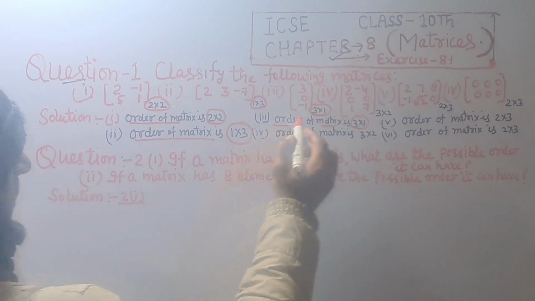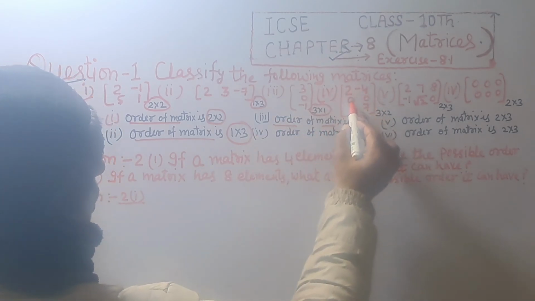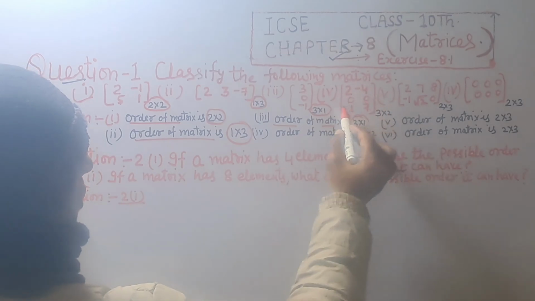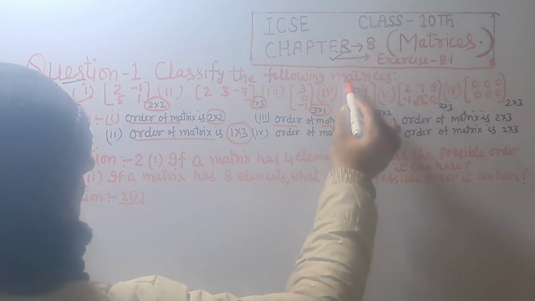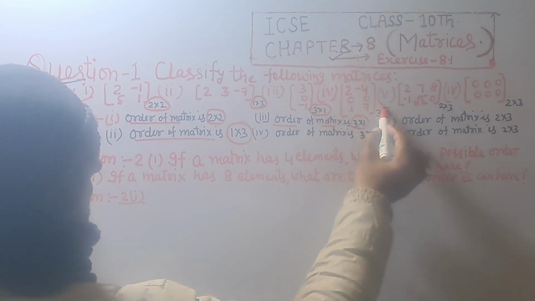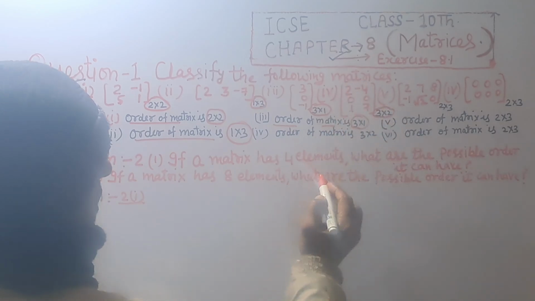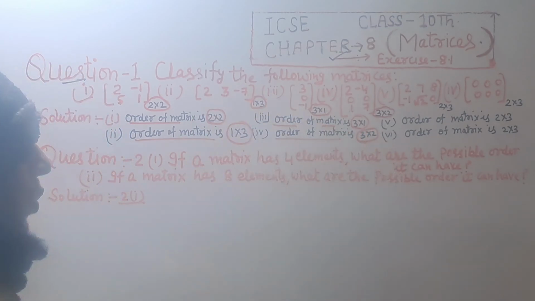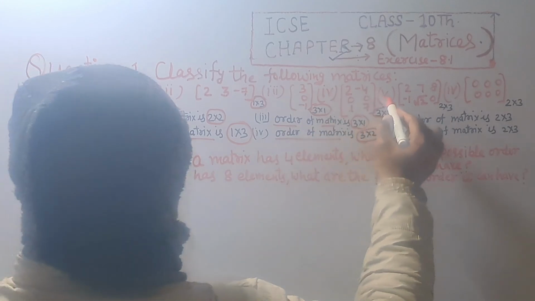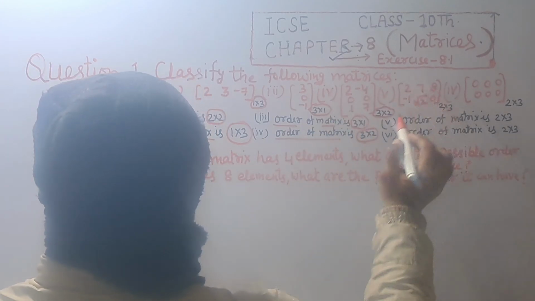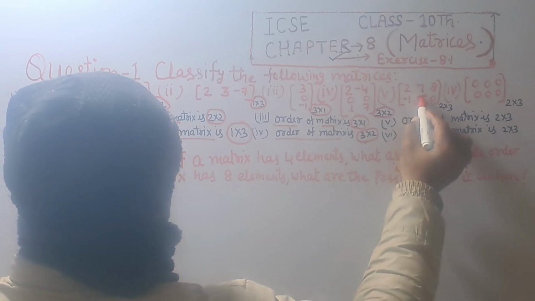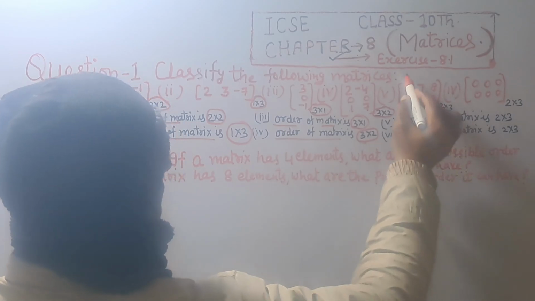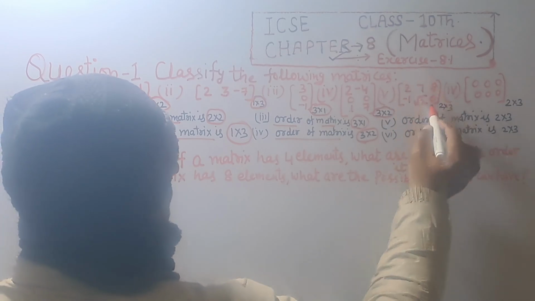3 by 1. Fourth, 2, minus 4, 0, 0, 1, 7. First row, second row, third row. 3 rows and first column, second column. That is 3 cross 2, 3 by 2. So order of matrix is 3 by 2. And fifth part is 2, 7, 8, minus 1, root 2, 0. First row, second row, and first column, second column, third column.